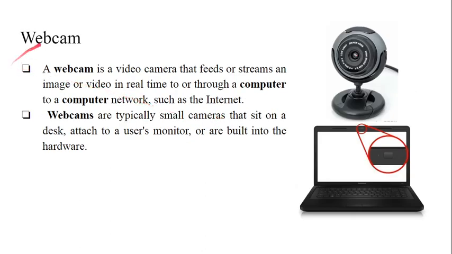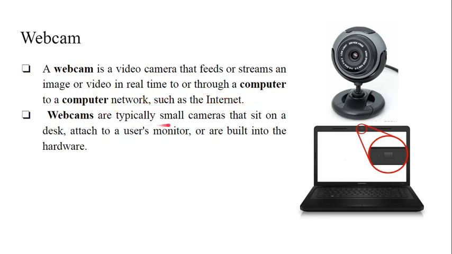Next is webcam. A webcam is a video camera that feeds or streams an image or video in real time to or through a computer to a computer network such as the internet.